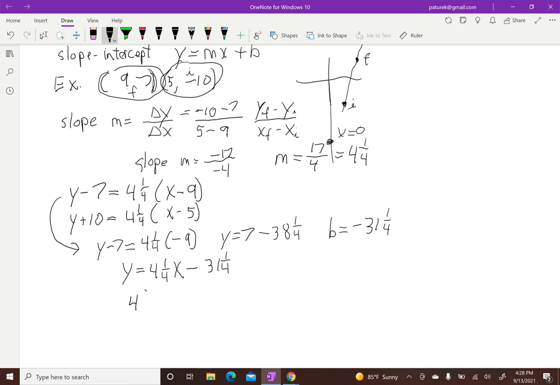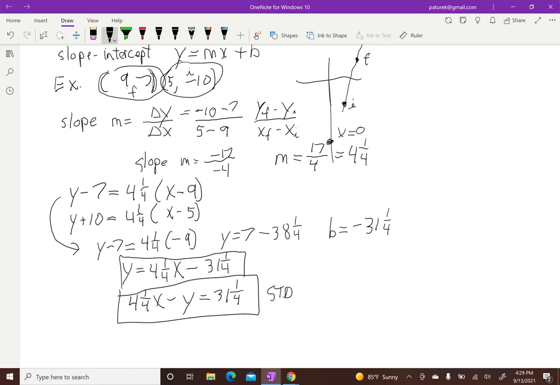So 4 1/4 times x minus y is equal to 31 1/4. This is standard form. I'll just write STD for standard. This is point slope form. No, I'm sorry. This is slope intercept form.